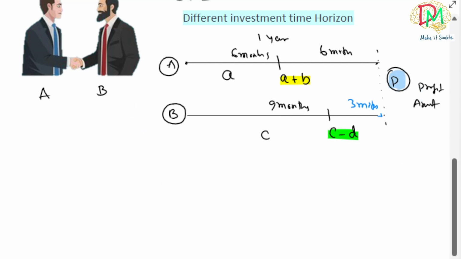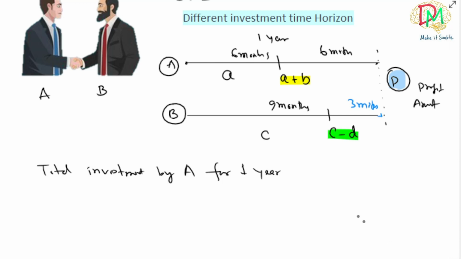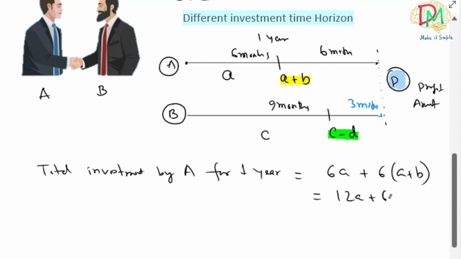So the total investment by A for the 1 year is equal to 6A plus 6 times (A plus B), correct? That is 12A plus 6B.